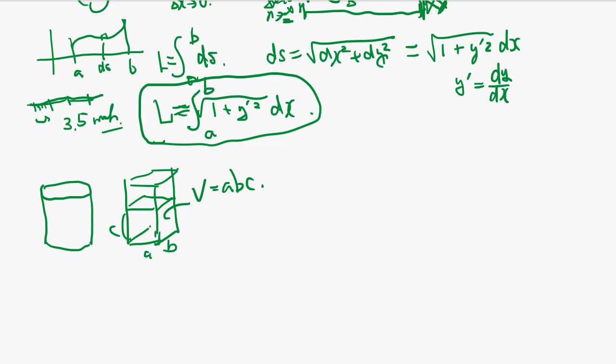You pour this water into the cylinder, right? So you know pi r squared times height is the volume. According to the definition of the integral for volume, you calculate this and it matches exactly. This is going to be pi r squared h.